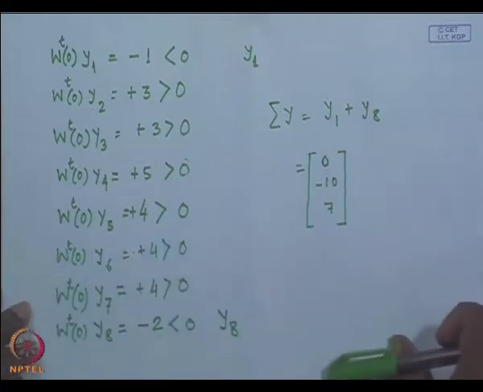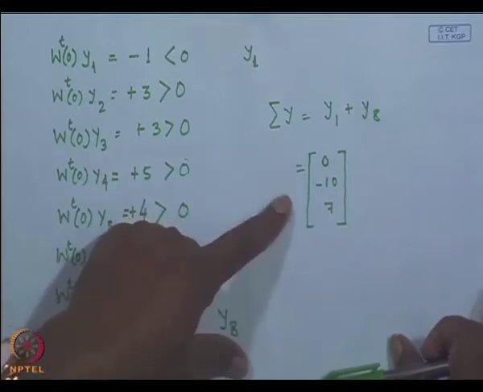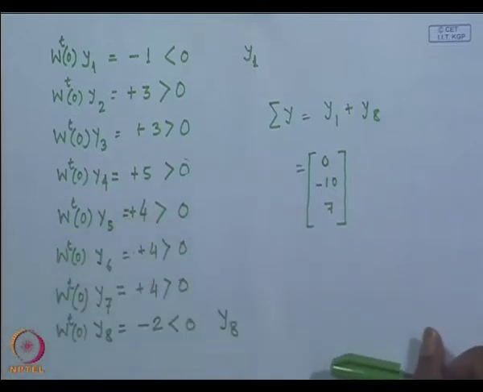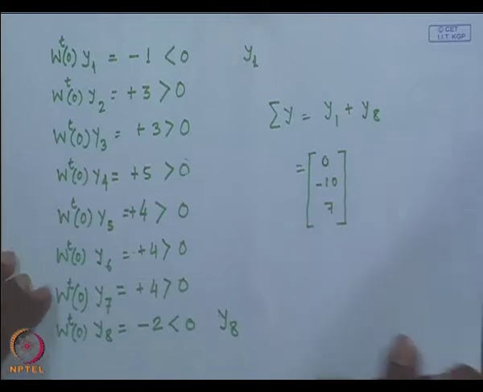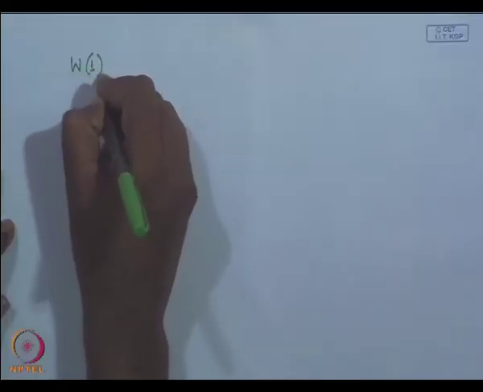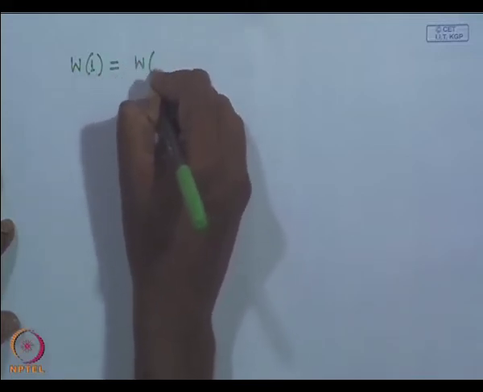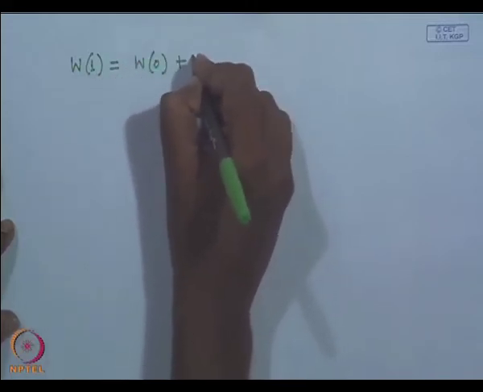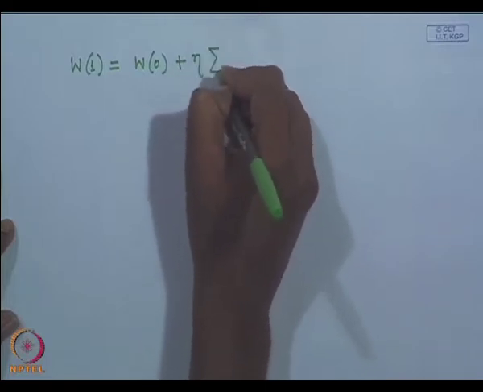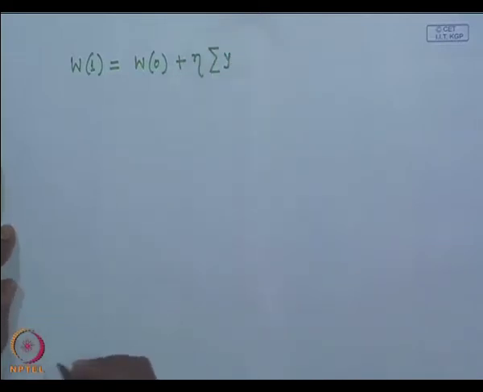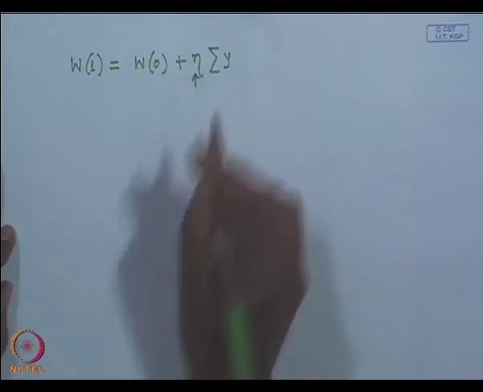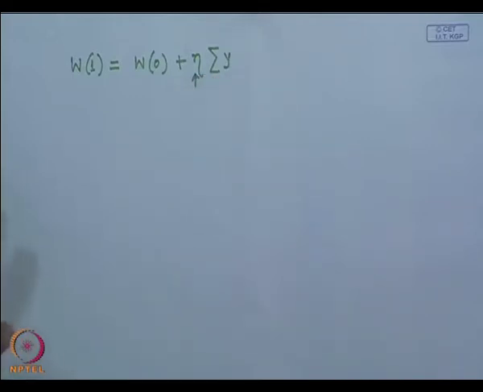Now, using this, I have to compute the next iterated value of w, which is w 1, because I had chosen w 0 at random. So, my w 1 becomes w 0 plus eta times the sum of y for misclassified samples, where we have assumed eta to be 0.2.